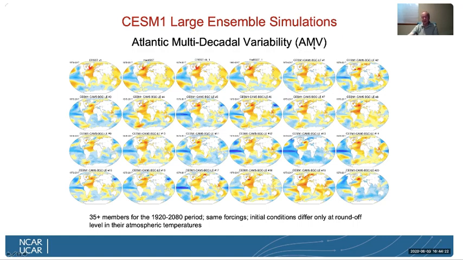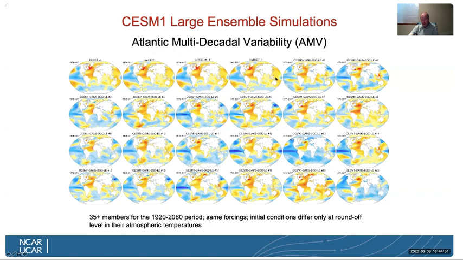Atlantic multidecadal variability is, for those of you who do not know what it is, representing low frequency multidecadal variability of the North Atlantic surface temperatures. These plots show the regressions of that AMV index, the North Atlantic average SST AMV index, onto the SST time series.